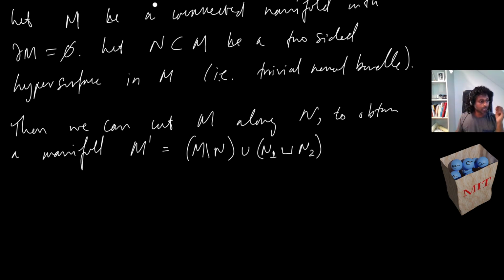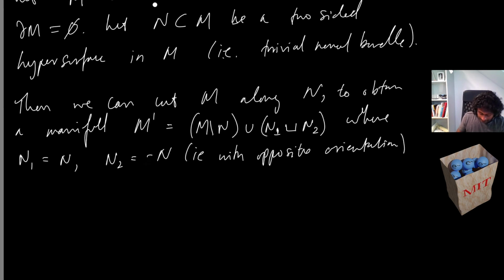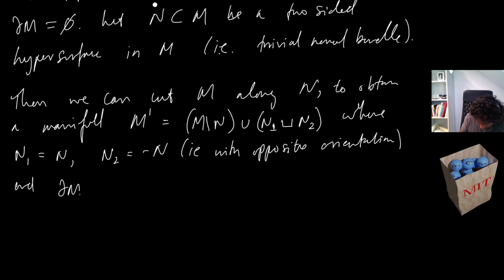So this is really the boundary, right? Where N1 is equal to N, N2 is equal to minus N, i.e. with opposite orientation. And the boundary of this new manifold is exactly N1 disjoint union N2.